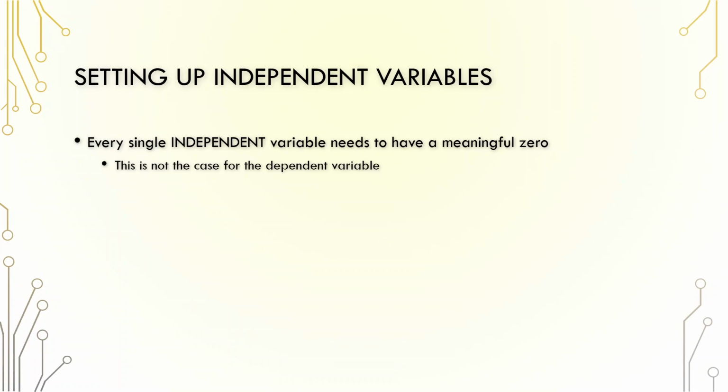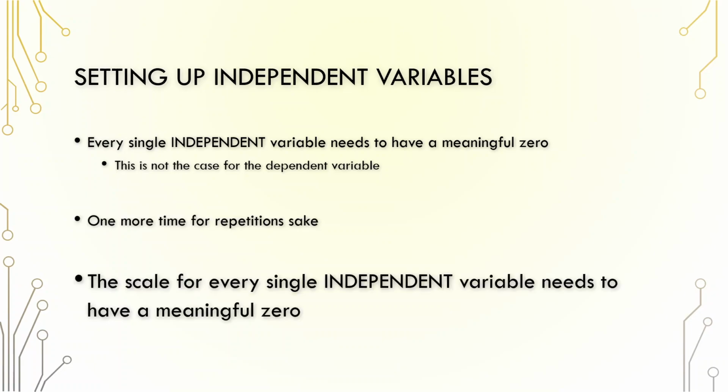And just to clarify there, that's independent variables. This is often something that takes a little time to get comfortable with. It's only the independent variables. Our dependent variables, we leave them as they are. They don't need to have a meaningful 0. In fact, you don't want to make them have a meaningful 0 if they don't naturally have one.